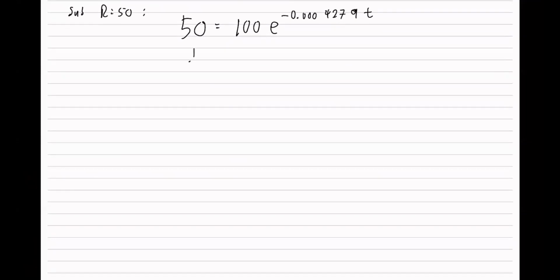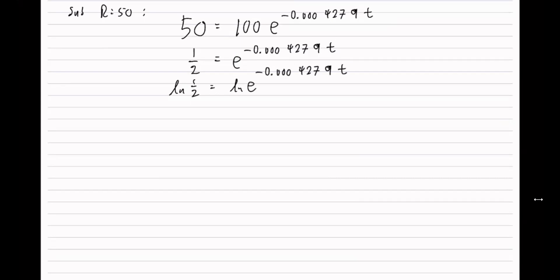50 over 100, half, equals e to the power of something. Then what kind of log base should you take? ln, yes. Just take base e because you already see an e. So ln half equals ln e to the power of whatever. Then ln and e cancel each other off, you're just left with the power.